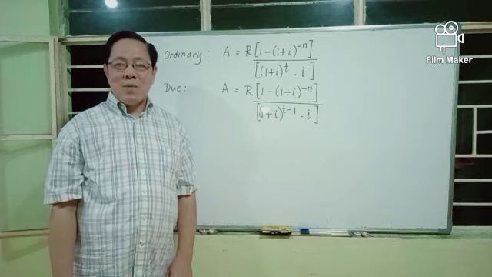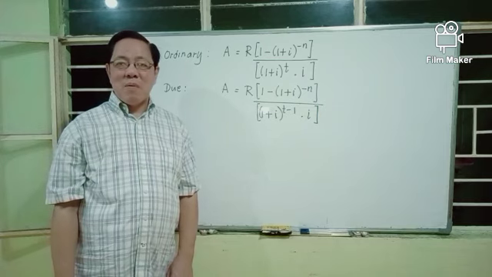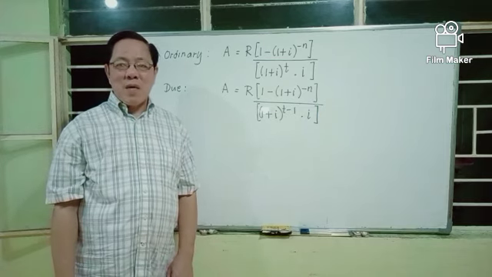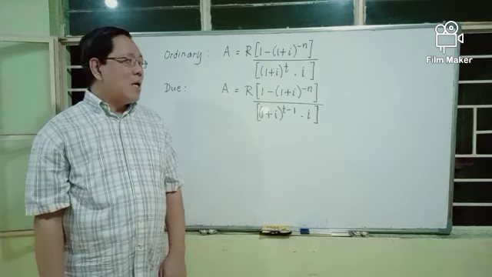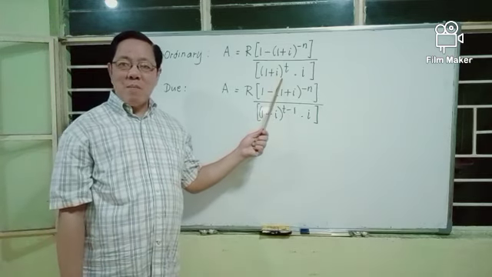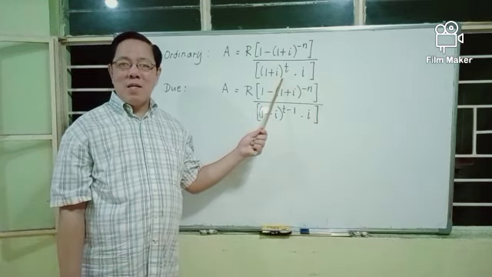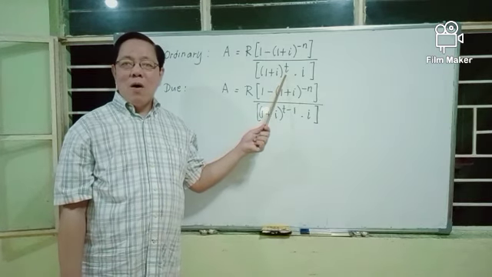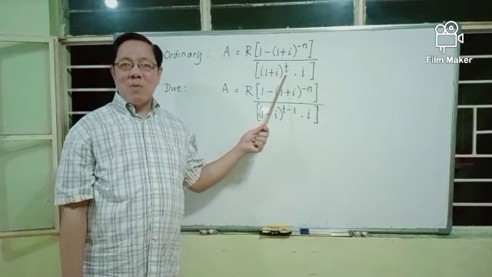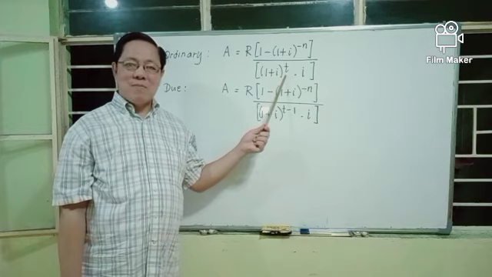That means you do not immediately pay the regular payment R. You will have to pay it after some periods at some later time. And the number of periods that the payments will be deferred or delayed is denoted by t. t is the number of periods or the number of payments that will be deferred or will be delayed.